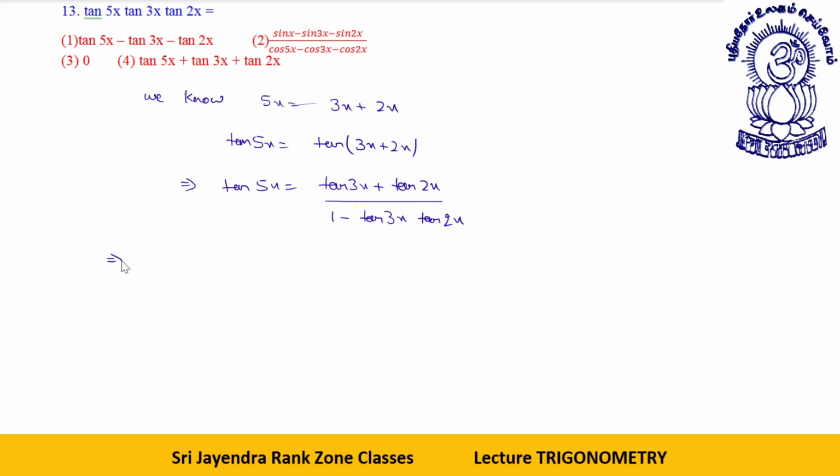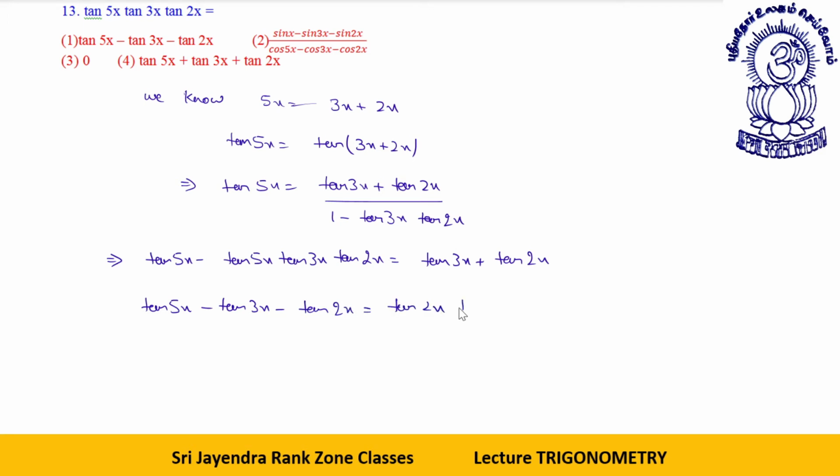This implies tan 5x, this will go over here, minus tan 5x tan 3x tan 2x is equal to tan 3x plus tan 2x. Or I can say tan 5x over here, and these two things come towards the left, that is minus tan 3x minus tan 2x is equal to, this comes over here and becomes positive, tan 2x tan 3x tan 5x.